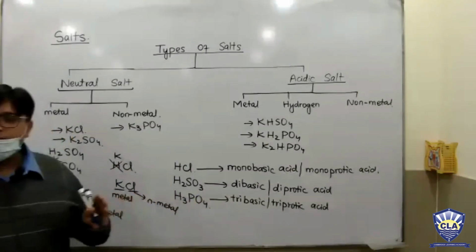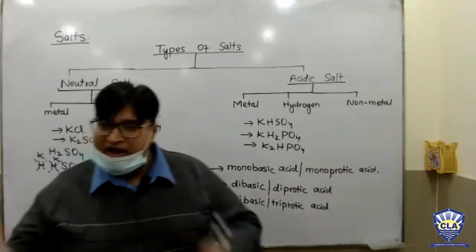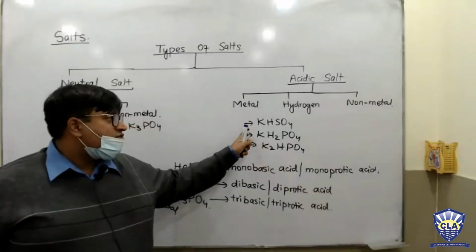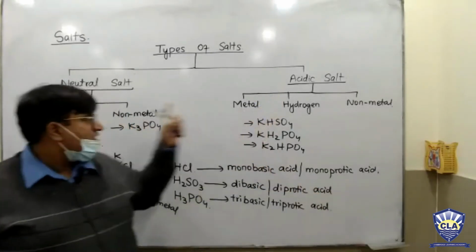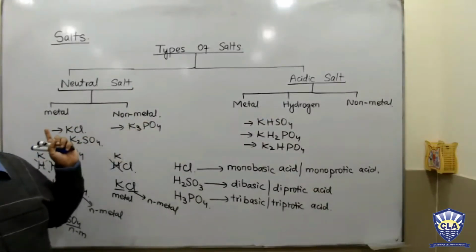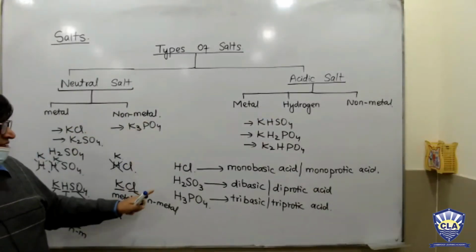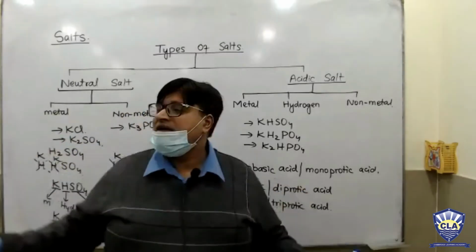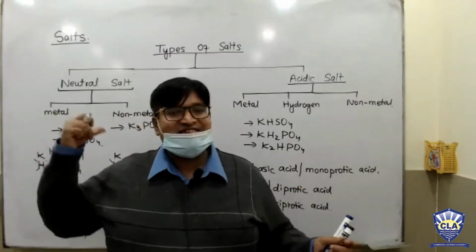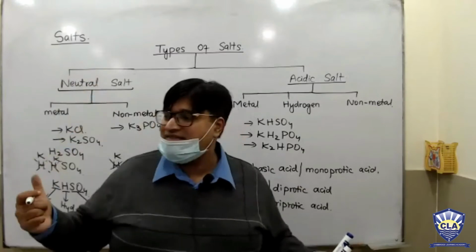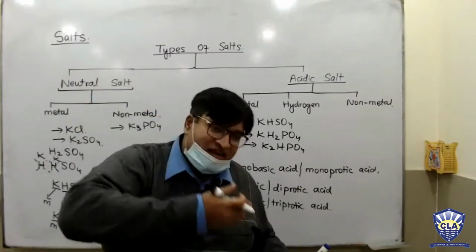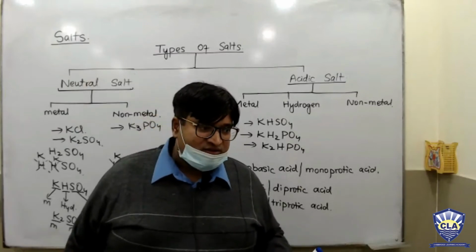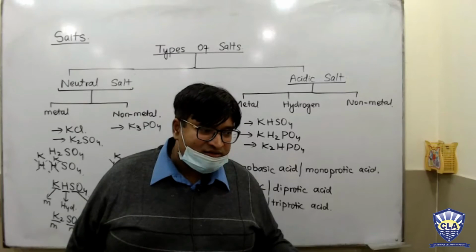So these hydrogens are replaced one by one. And as a result, you are going to get the acidic salt as well as the neutral salt. So keep in mind, the monobasic acid is unable to form any acidic salt, whereas dibasic and tribasic acids can form acidic as well as neutral salts. You got it? Everybody got it, beta?